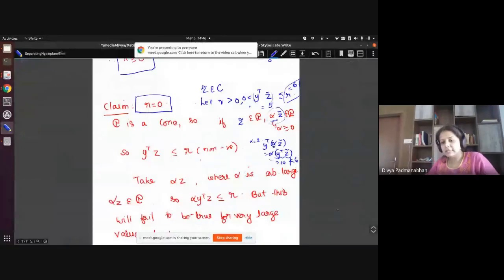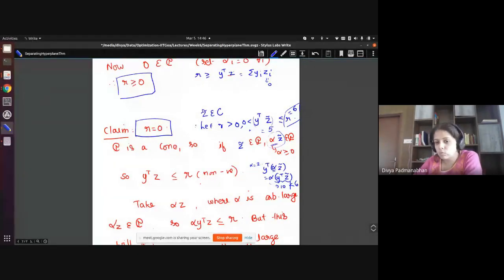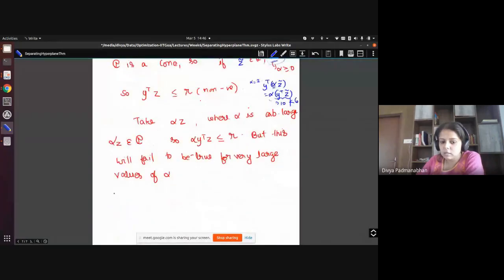Yeah. So let's take the case where there is no z tilde such that y transpose z tilde is greater than 0. Okay. So that means for all z tilde in C, suppose y transpose z tilde is less than or equal to 0.